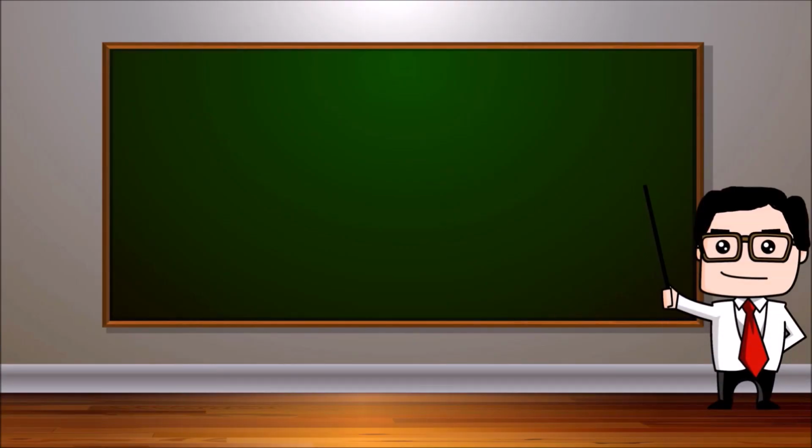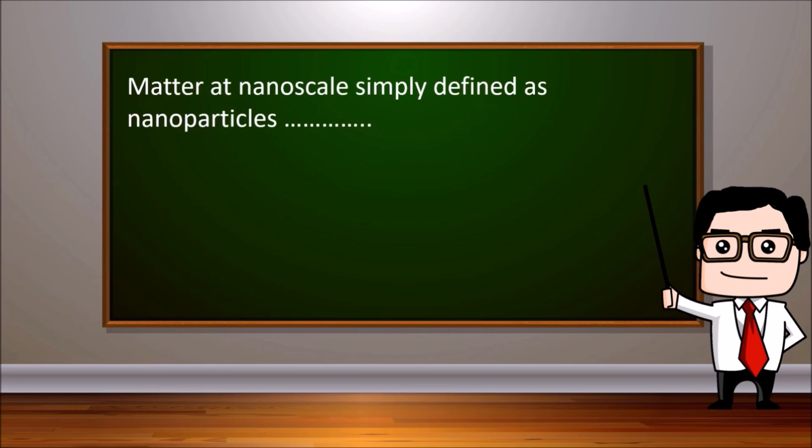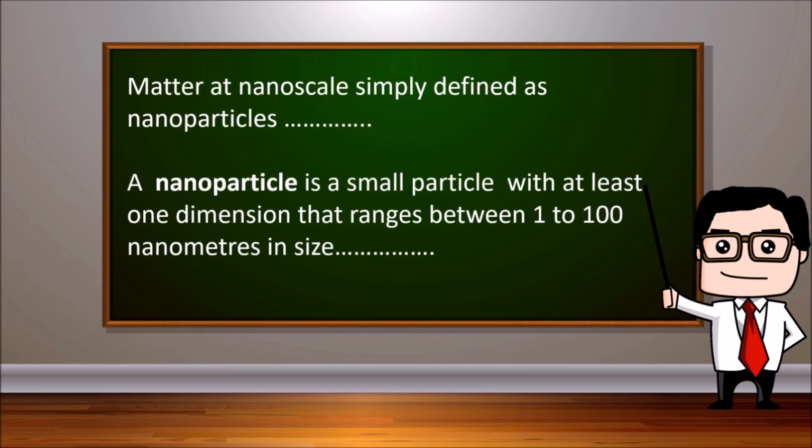So, materials at nanoscale are simply defined as nanoparticles. Therefore, a nanoparticle is a small particle with at least one dimension that ranges between 1 to 100 nanometers in size.